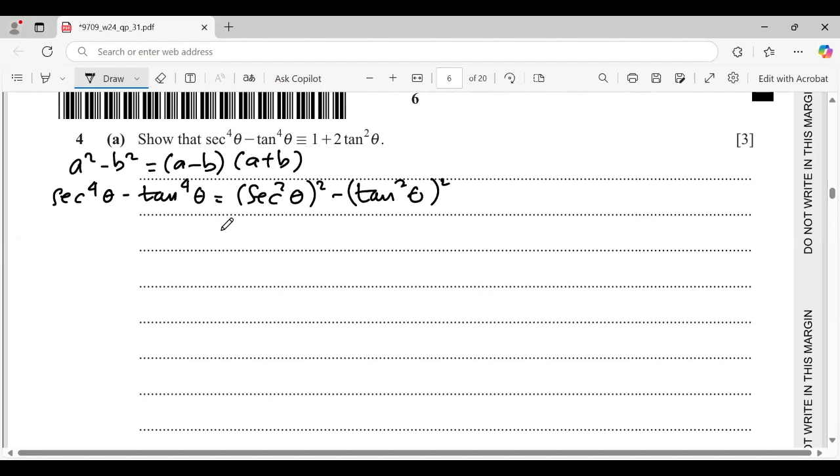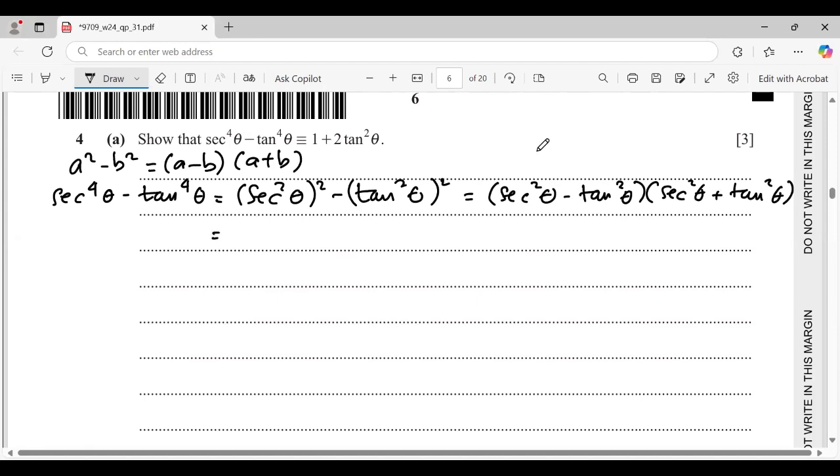Okay, so it becomes (sec squared theta minus tan squared theta)(sec squared theta plus tan squared theta), like this.